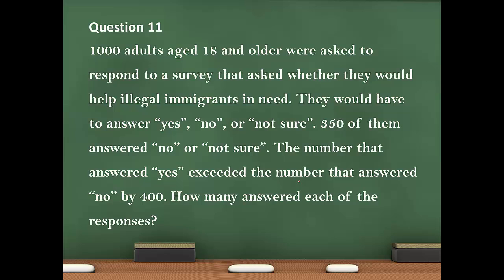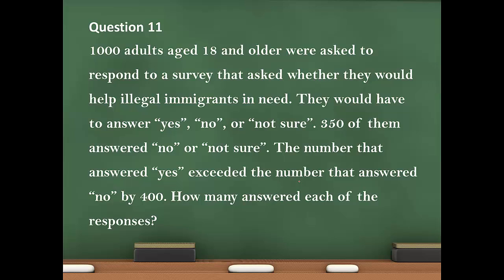Question 11. 1,000 adults aged 18 and older were asked to respond to a survey that asked whether they would help illegal immigrants in need. They would have to answer yes, no, or not sure. 350 of them answered no or not sure.